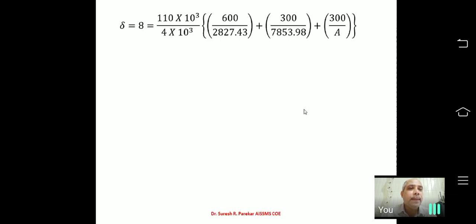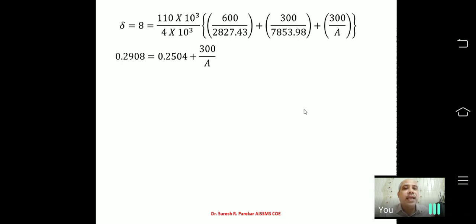First is BC, second we have DB, and third we have AD. So the area of AD we have to find, and once we know the area of AD, then we can find the diameter of the hole.